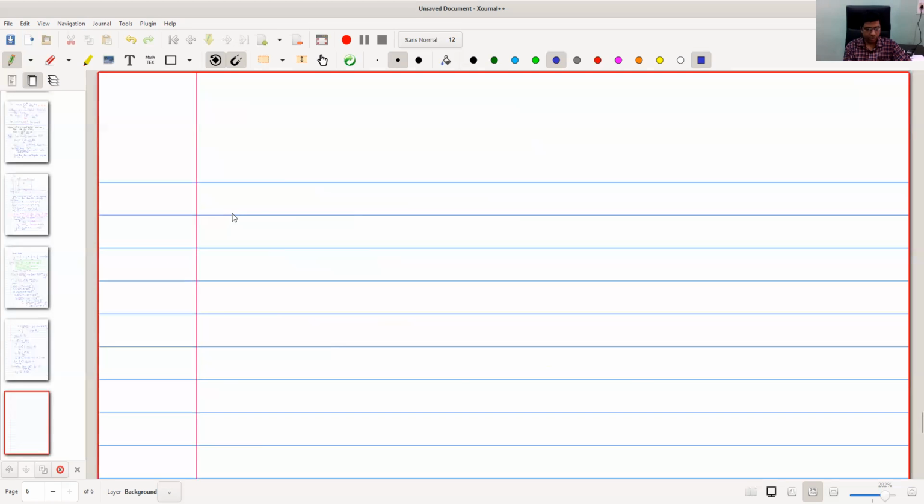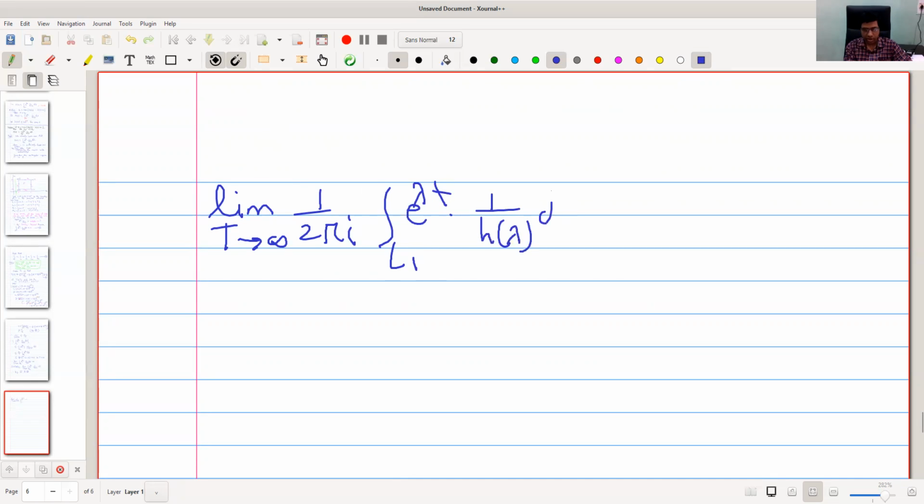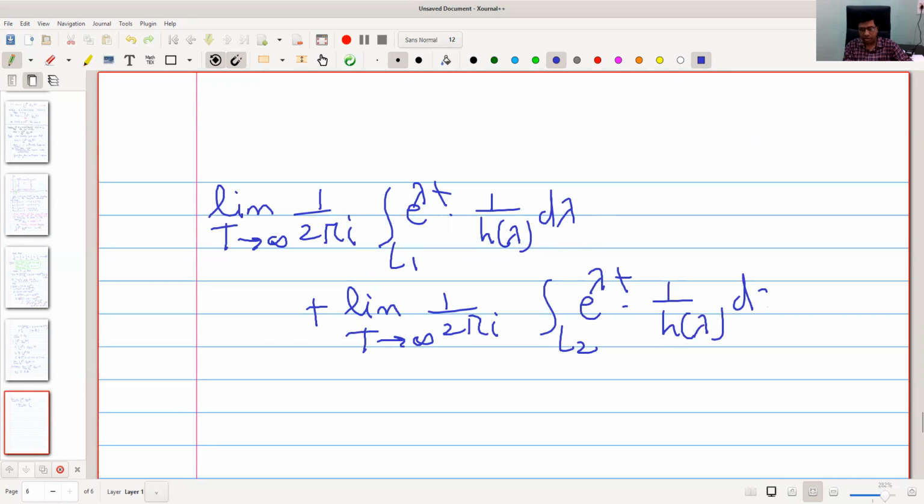The limit as t tends to infinity, we may write 1 upon 2 pi i, doesn't matter, of the integral along L1 of e raised to lambda t 1 upon h of lambda d lambda, plus the limit of 1 upon 2 pi i integral along L2 of e raised to lambda t into 1 upon h of lambda d lambda is 0.